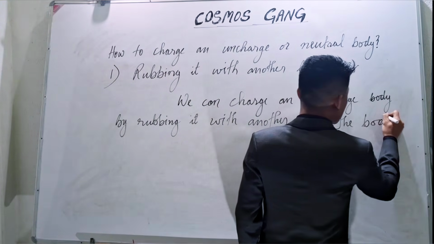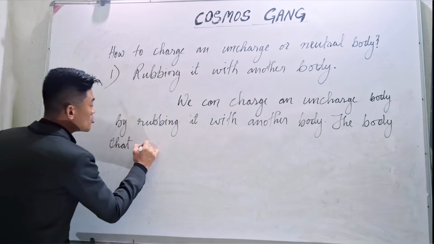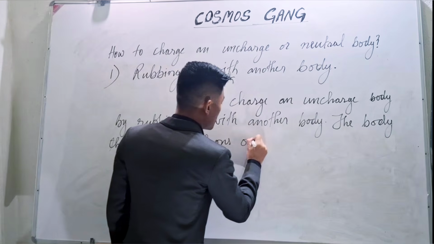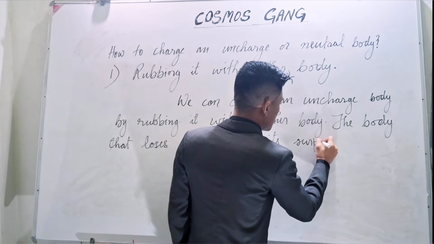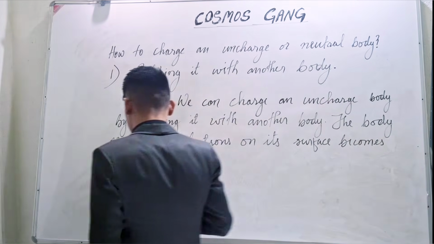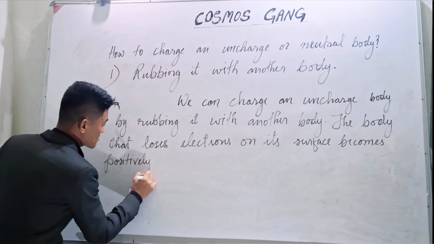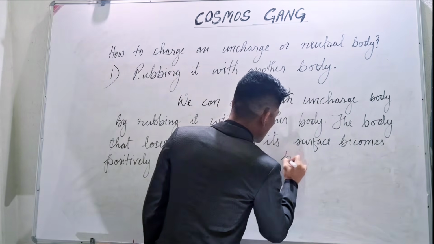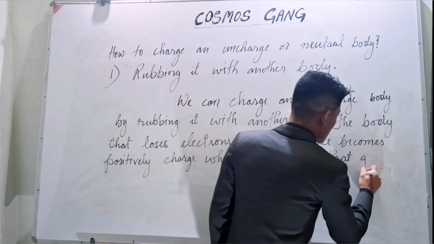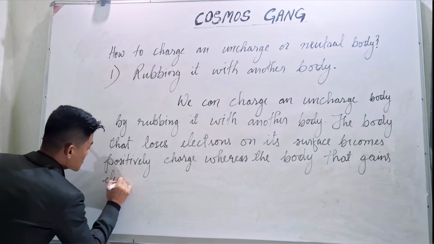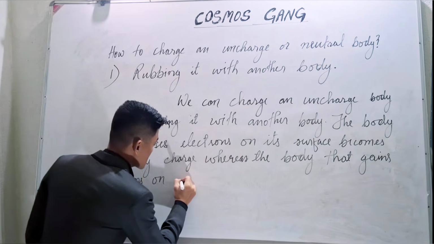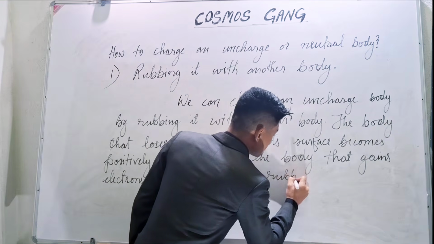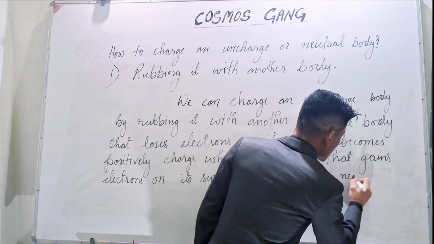The body that loses electrons on its surface becomes positively charged, whereas the body that gains electrons on its surface on rubbing is negatively charged.